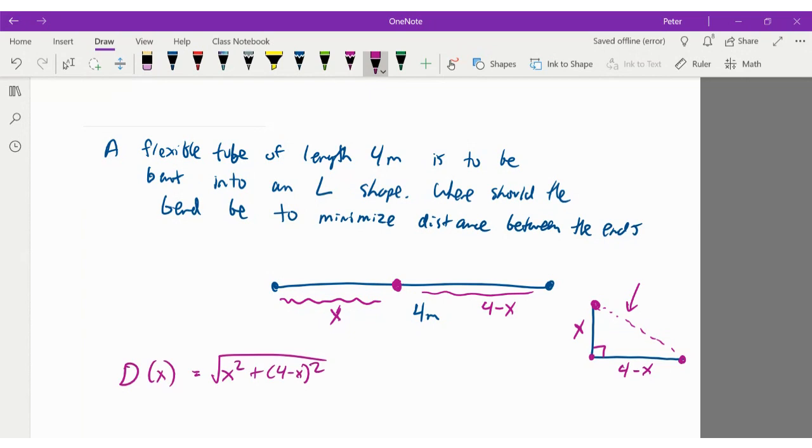And as you can see, one extreme of where I can put x is 0 meters from the end. The other extreme is I can put it all the way at the other end. I can put x here, I can put x here, or anywhere in between. So basically, you're just optimizing that distance function on [0, 4]. That answer your question?